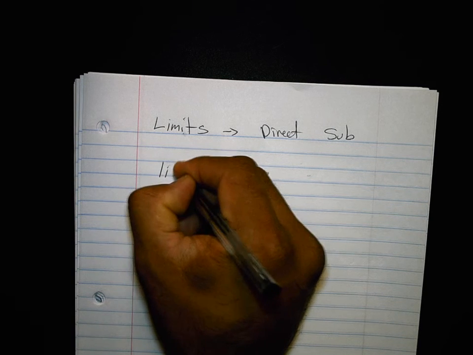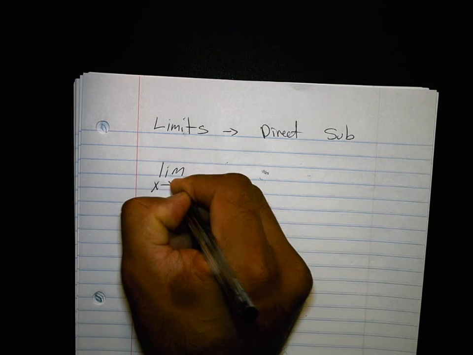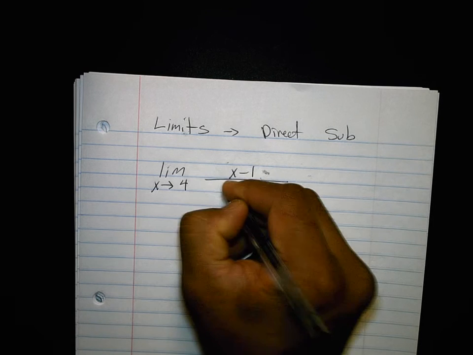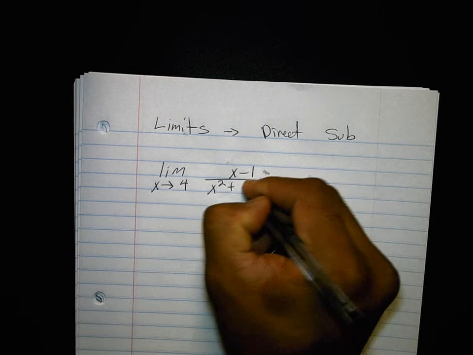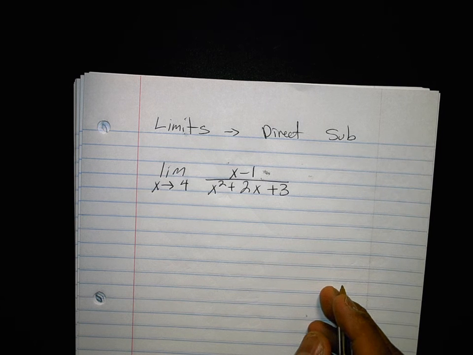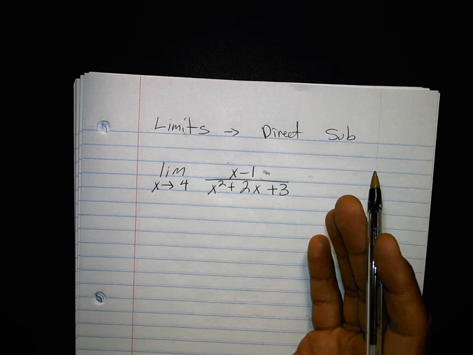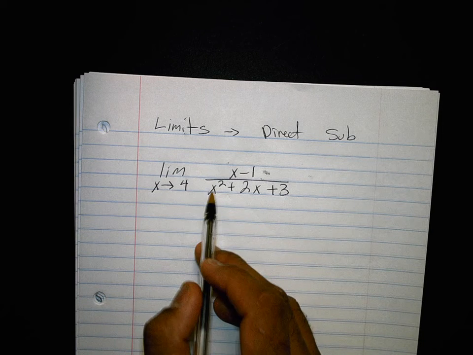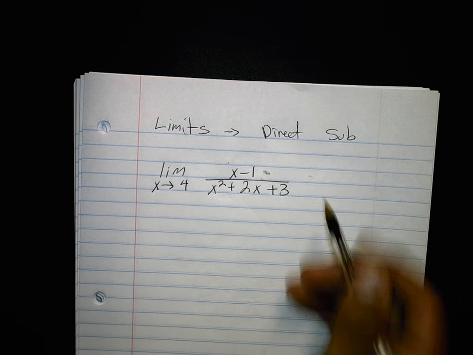So, if I have the limit as x approaches 4 for the function x minus 1 all over x squared plus 2x plus 3. Well, to do this, when I do direct substitution, I just go ahead and plug this in to all the x values and see what it comes out to.